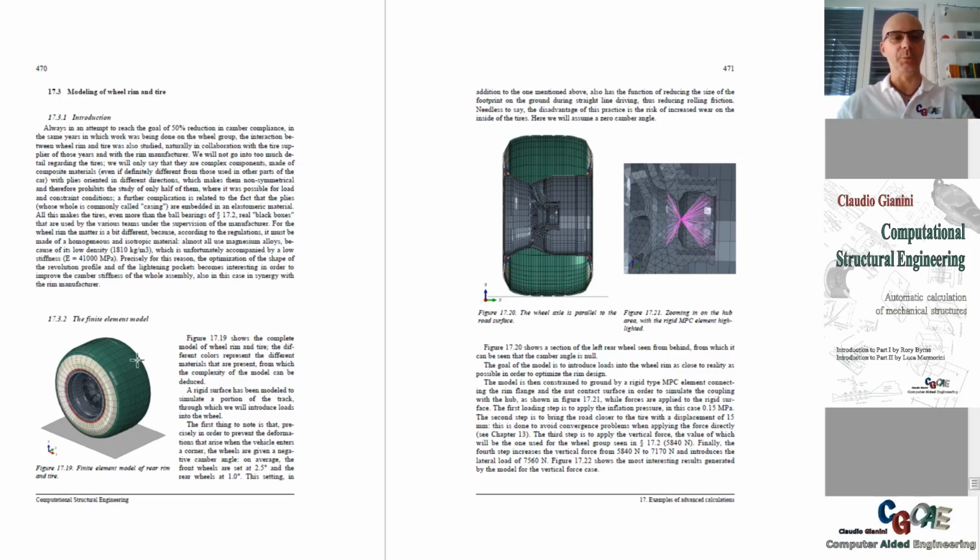the idea was to put everything together, and the model of the tire was clearly reproducing the behavior of the construction of the tire, so with rubber outside and different stuff in terms of composites, strange composite materials, and clearly this was the know-how of the tire producer.